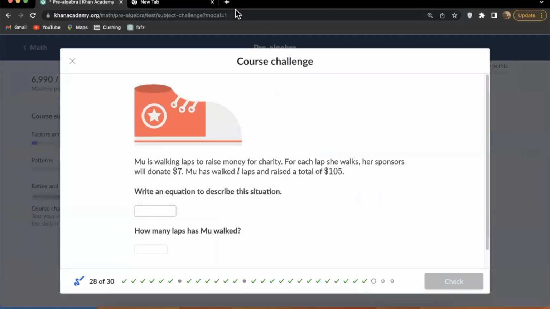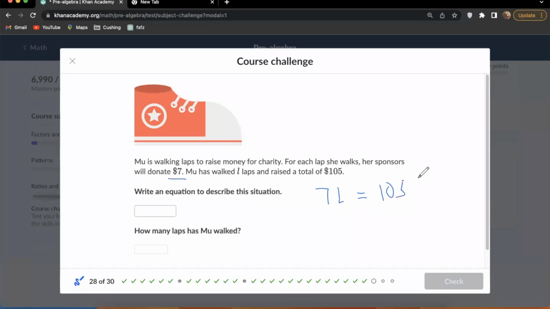All right, this one says Mu is walking laps to raise money for charity. For each lap she walks, her sponsors will donate $7. Mu has walked L laps and raised a total of $105. Okay, so you're getting $7 per lap, called 7L. Altogether, that has given you 105.